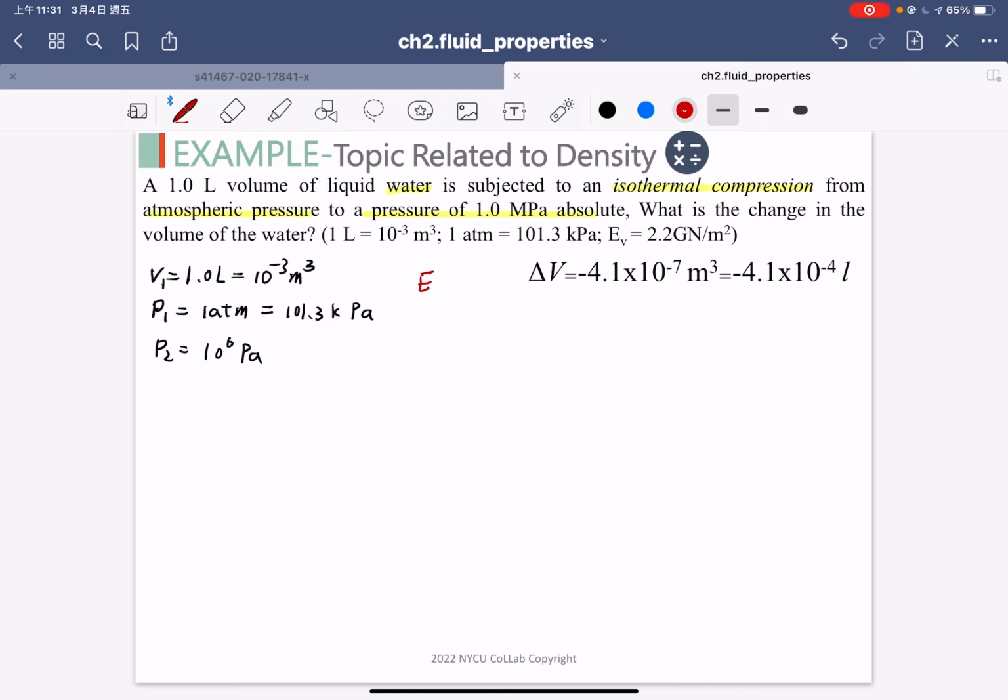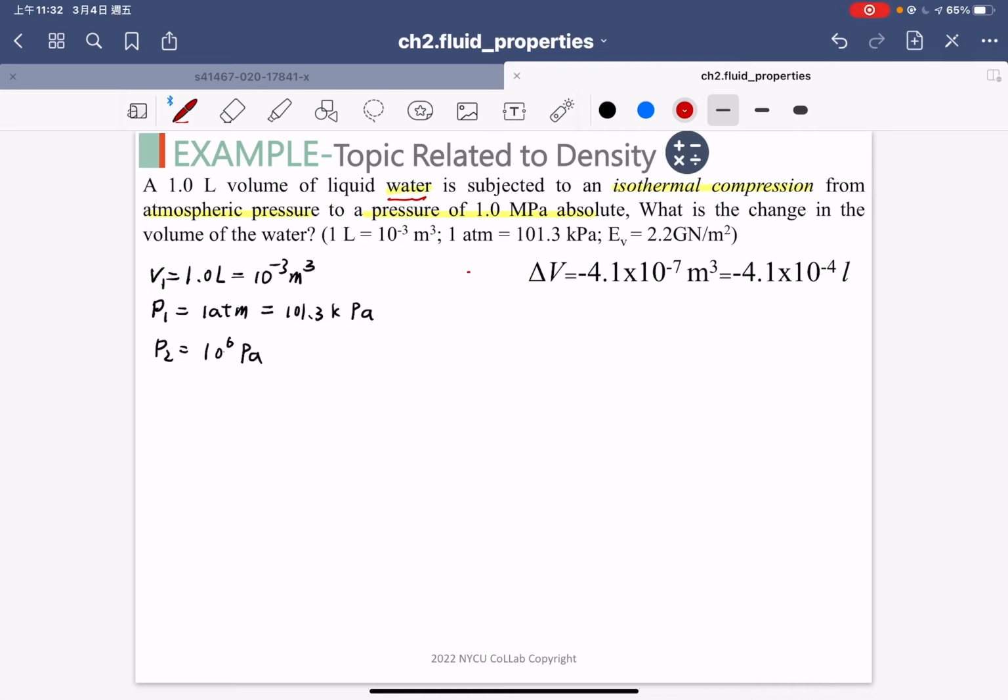Can we say that the bulk modulus is equal to the environment pressure? We can't, because this relationship is only for the ideal gas. But right now the material is water, right? So we need to compute it ourselves. This relationship is only for the ideal gas.